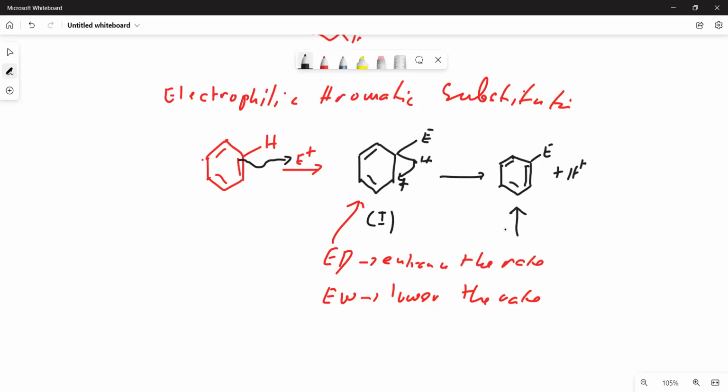So the question now, okay, if we talk about second electrophile, where are you going to place the second electrophile? Are you going to place the second electrophile at the carbon number 2, adjacent to the first electrophile?